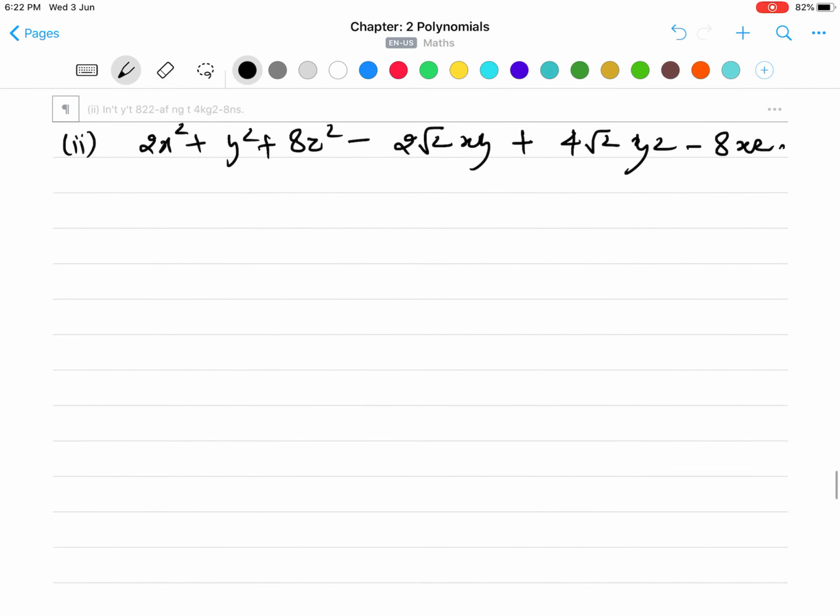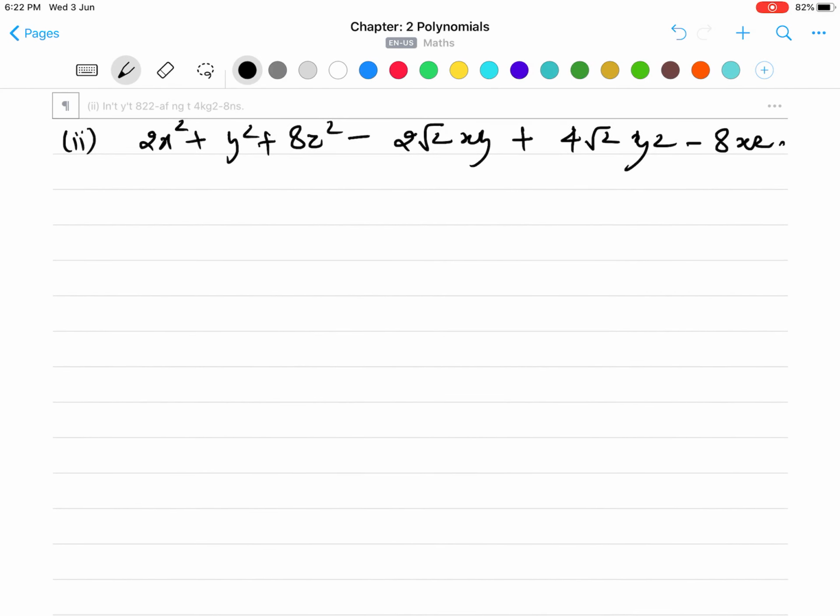Now again you can see this looks like the identity (x plus y plus z) whole square. So this is our x square, y square, z square, then 2xy, 2yz and 2xz.